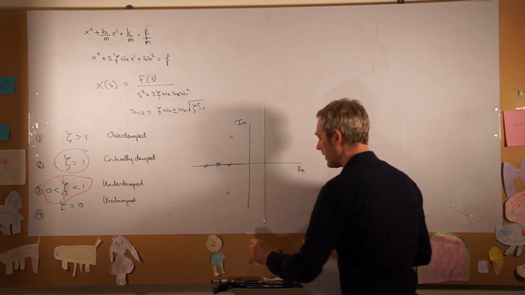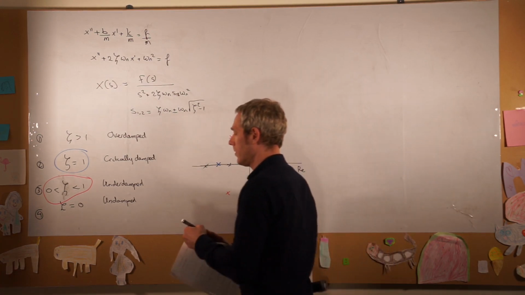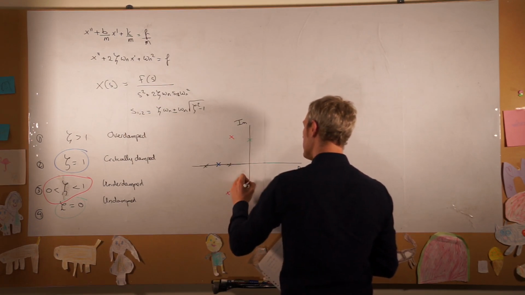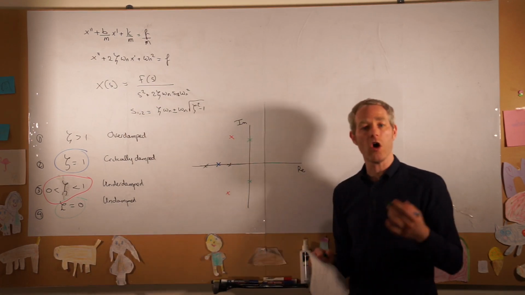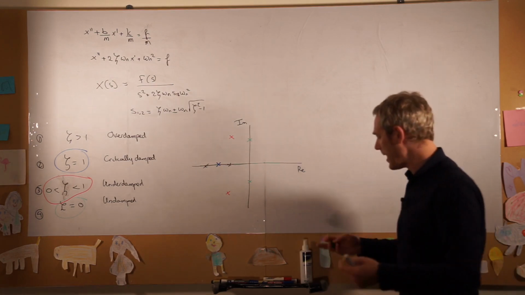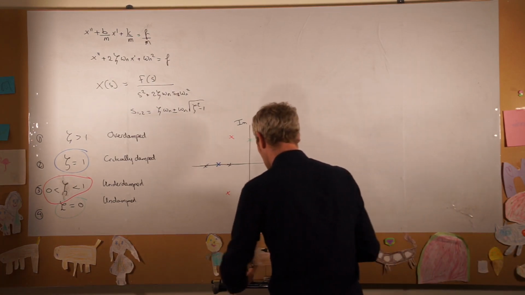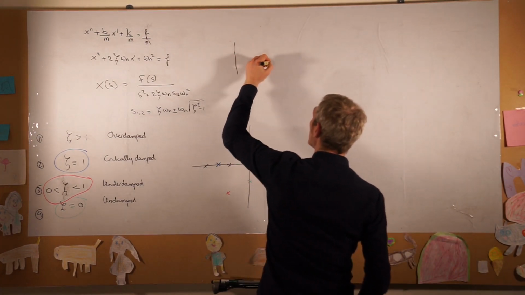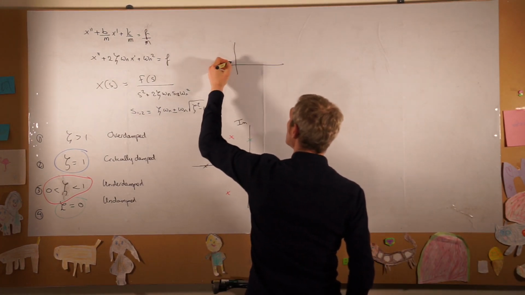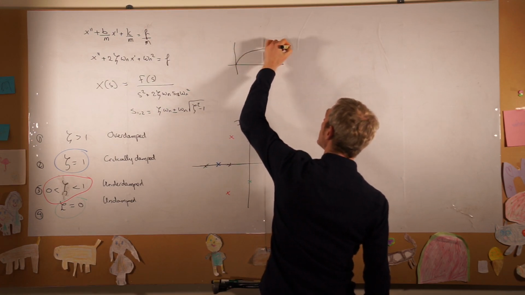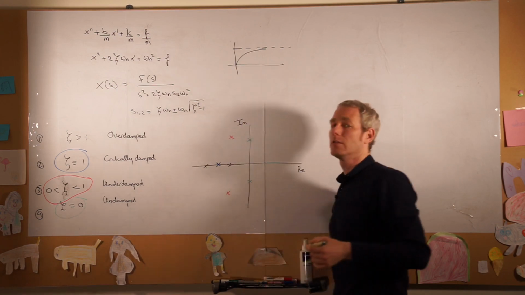Finally, if we have a completely undamped system, and I'll do that in green, we'll have poles that lie on the imaginary axis. Now, what does that say in terms of behavior? Well, an overdamped system over time will simply show exponential behavior towards a certain limit.